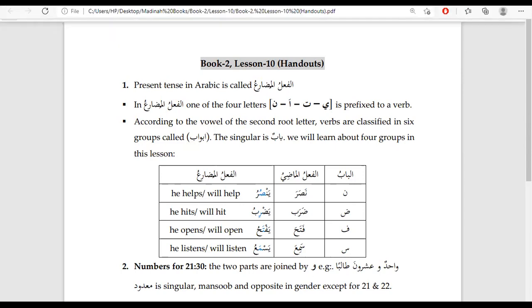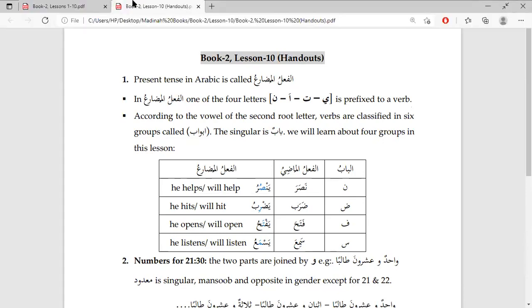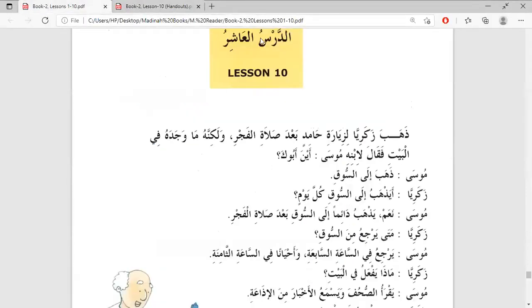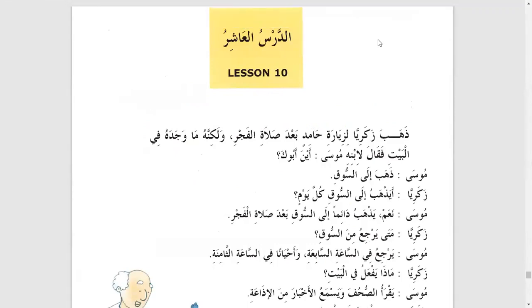So now we can move on to our lesson, which is lesson number 10, inshallah. Today I'm going to use a different book, only for today, because the print of the book we were using before is very faded and difficult to read.